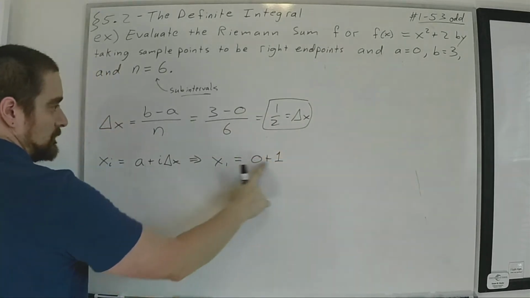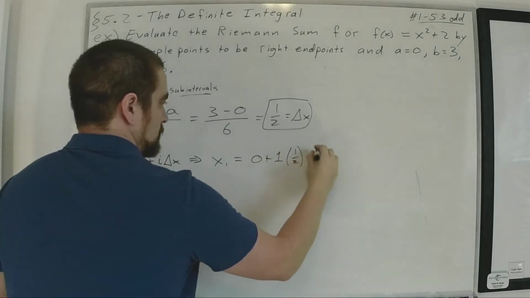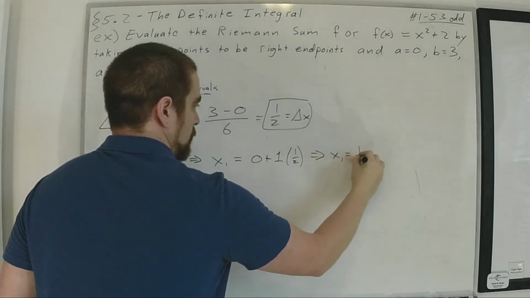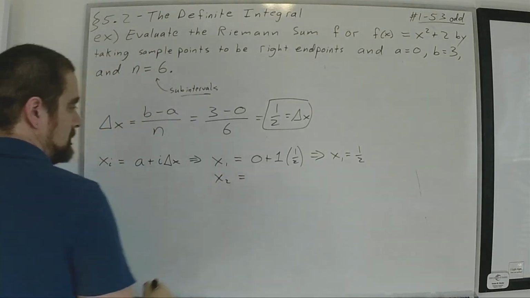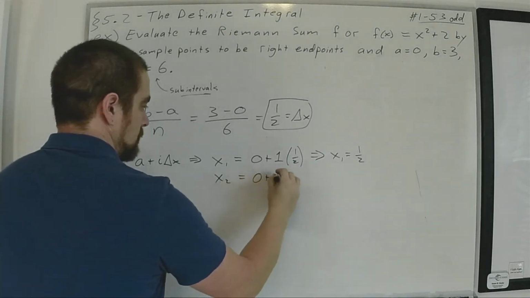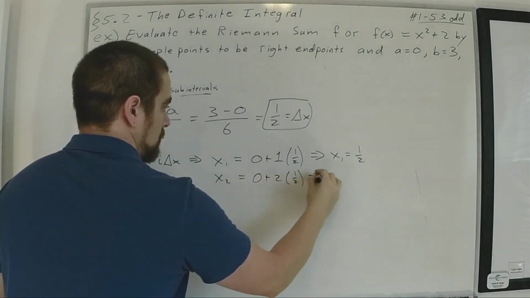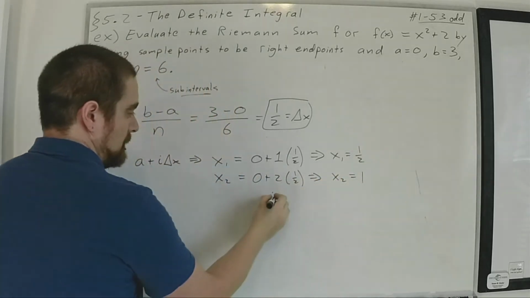Since I'm looking at x1, I want 1 times delta x, which is 1/2, which tells me that x1 must be 1/2. x2, I can find the same way. It's 0 plus 2 times 1/2, which is just 1. Right, and we can keep going with this process.